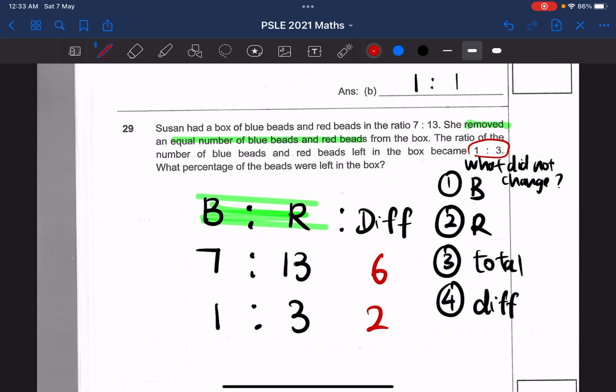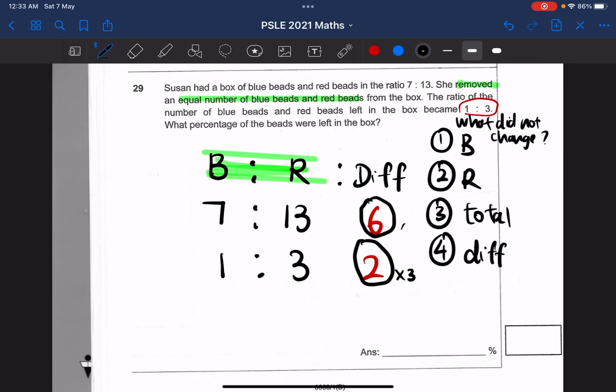Now remember what we did in ratio? This 2, remember just now we said it's not supposed to change. The difference did not change. So what we need to do, we will need to make sure these two numbers in the circle don't change. That means we can try to make both of them into 6. We can try to make both of them into 2. But it is easier if we make this one into 6 instead. Correct? Okay?